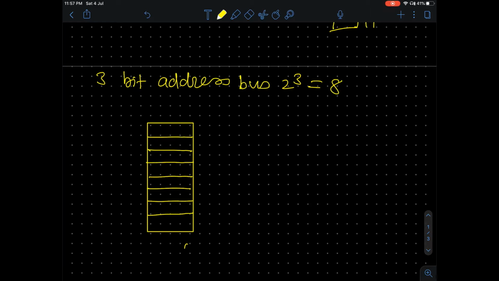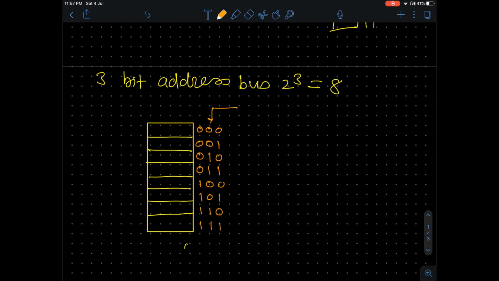In this case, the first address is 000, second address is 001, third 010, 011, then 100, 101, 110 and 111.